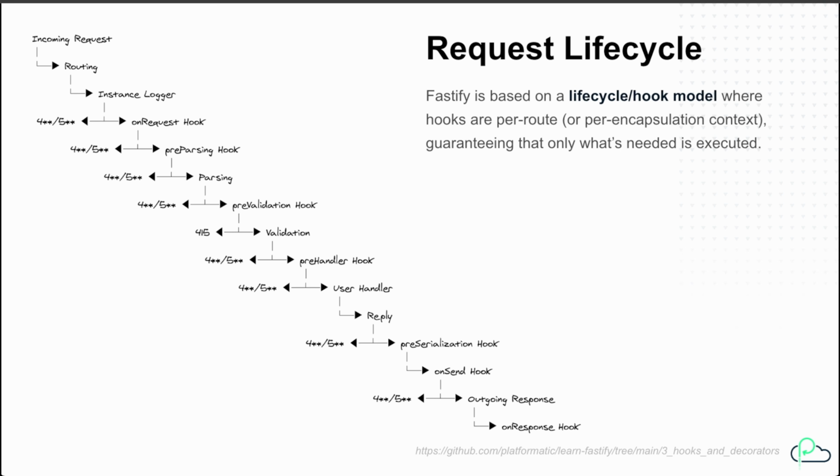Whenever you receive an incoming request, and thanks to Matteo Collina for this graph, we do routing immediately. We create a logger, and then we pass through these steps. This is contrary to a middleware-based system where a request passes through all the middlewares that you have defined.